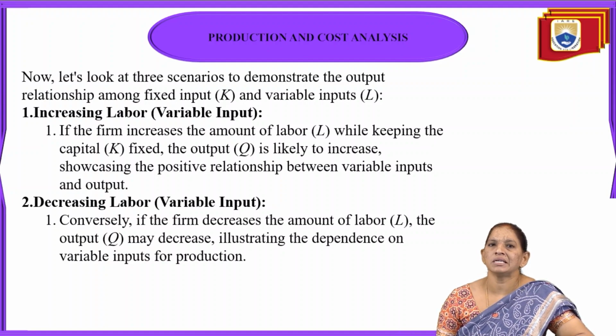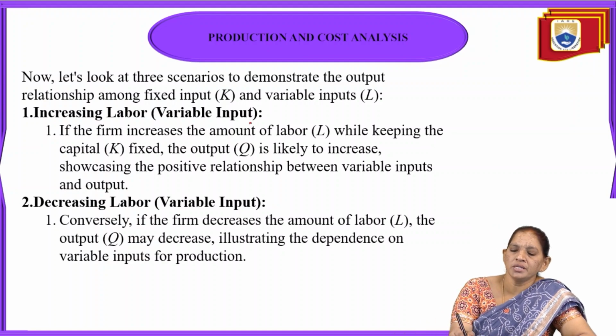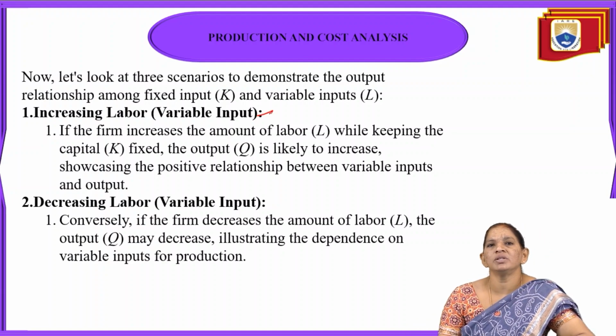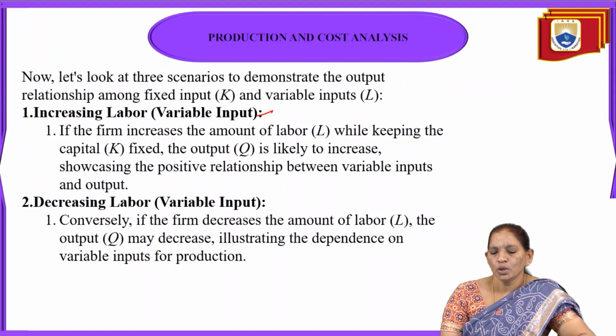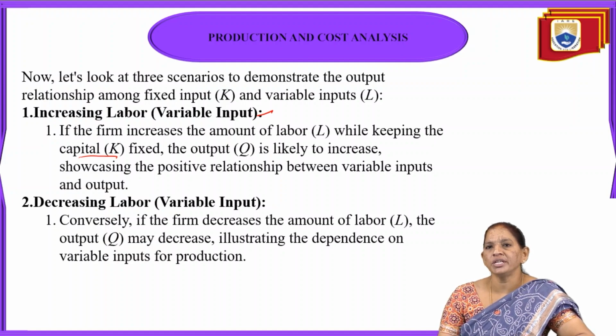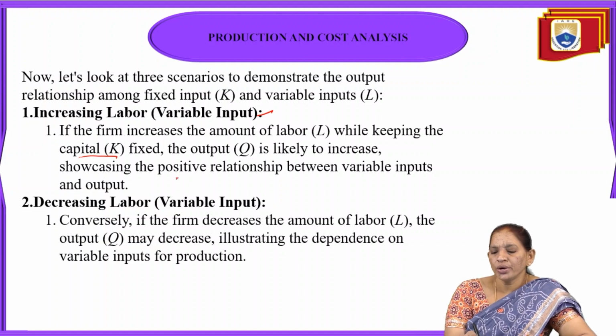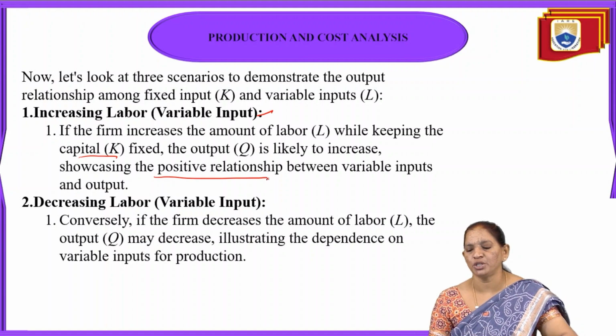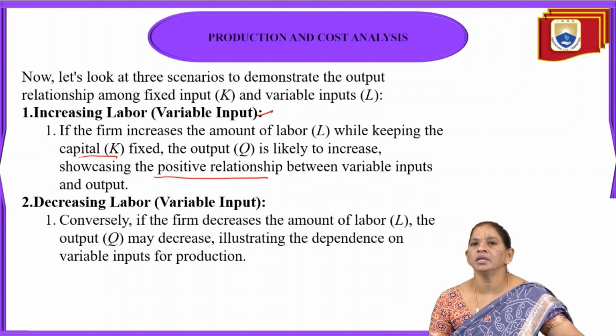The first one is that the variable input is increased. If the firm increases the amount of labor while keeping the capital fixed, the output Q is likely to increase, showing a positive relationship between the variable input and output.